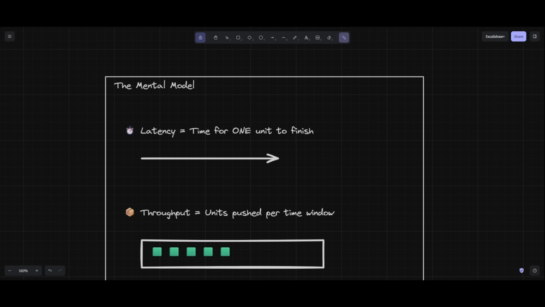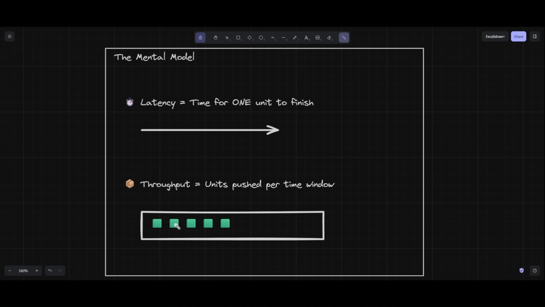Milliseconds, seconds, whatever. Whereas throughput is a rate, right? If you look at a given window of time, like a second or a minute or an hour, how many units of work did you manage to push through the system entirely? So it's not about how long one thing took, it's about the total volume of stuff you accomplished over time.